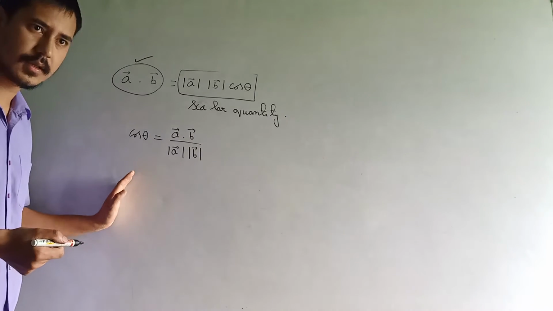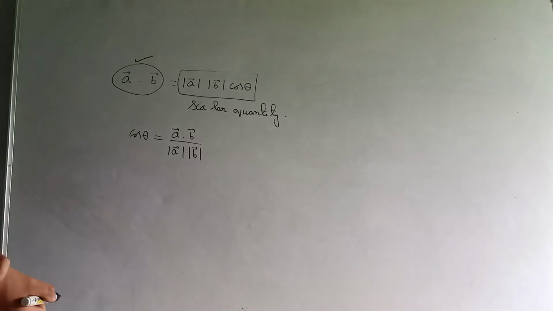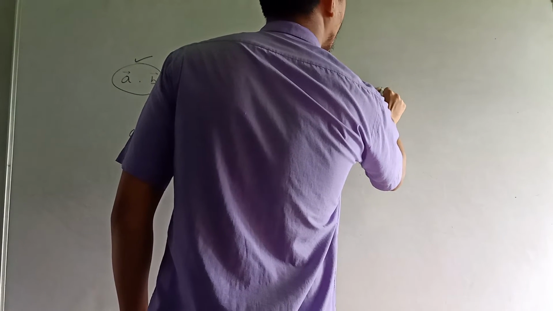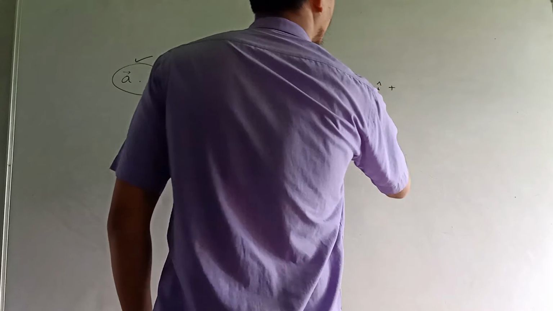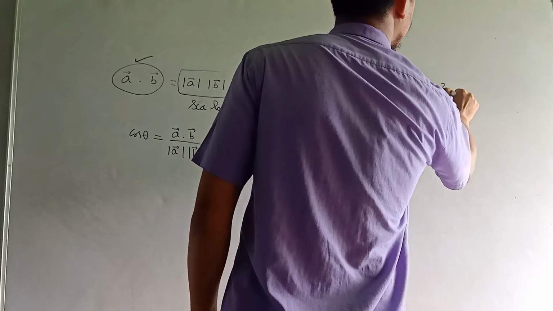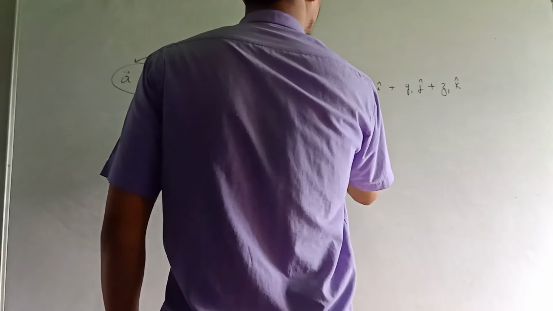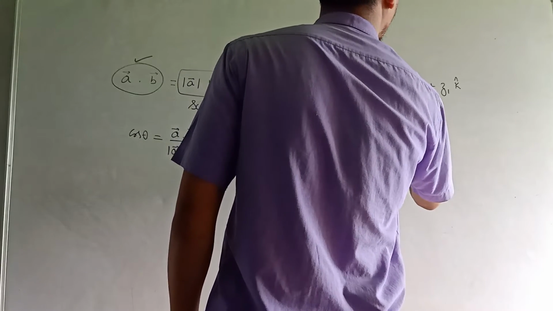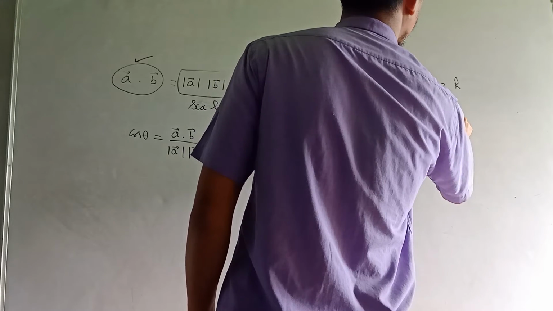Another thing: suppose your vector A is x1i plus y1j plus z1k, and your vector B is x2i plus y2j plus z2k.